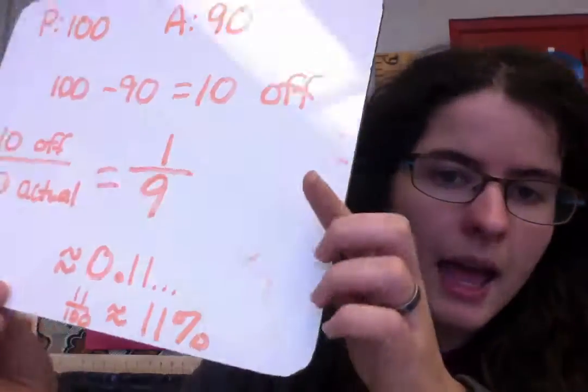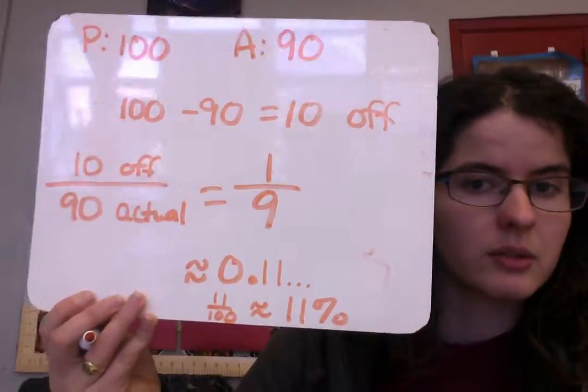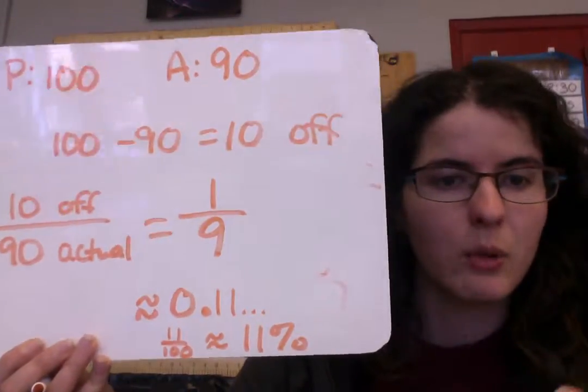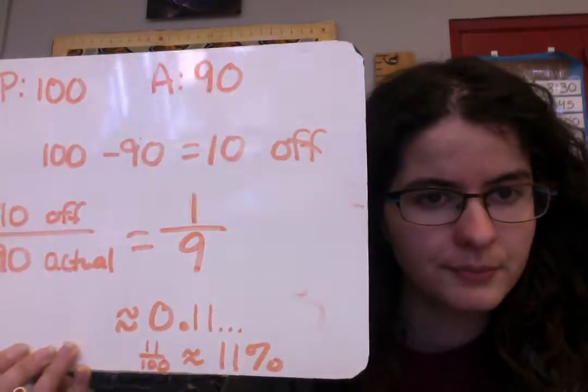So we can compare our 10 off to the 90 actually, which would be 1/9, and 1/9 is approximately 0.11 repeating, or 11/100ths, or 11%. So in fact, this was a better prediction given that 90 students came. They were closer to what the actual number of students in attendance was.